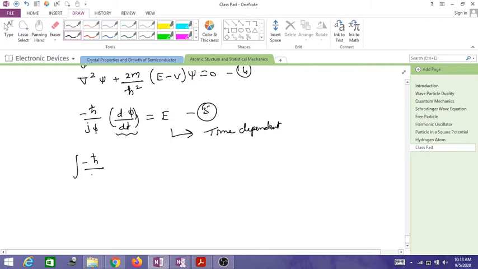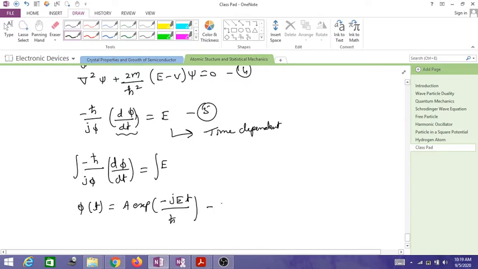Then I'll get jħ dφ/dt equal to the integral of E, and we will get the solution as φ(t) equal to A times exponential of minus jEt by ħ. So let us call this equation number 6.